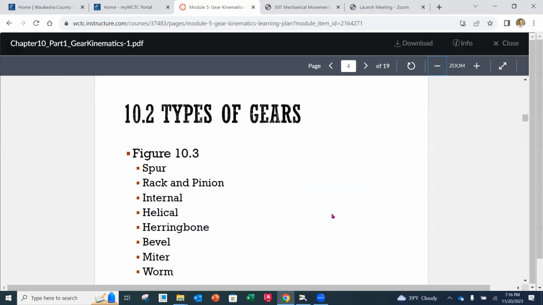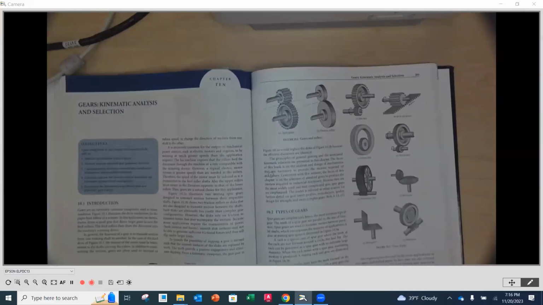So let's first start with looking at different types of gears. When we look on page 261, and this is going to be figure 10.3, we're going to see a number of different types of gears that are listed here.